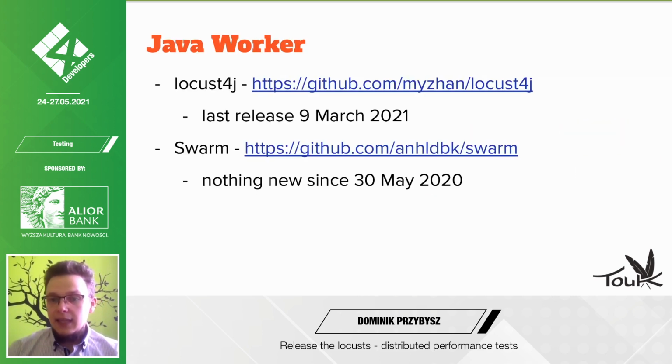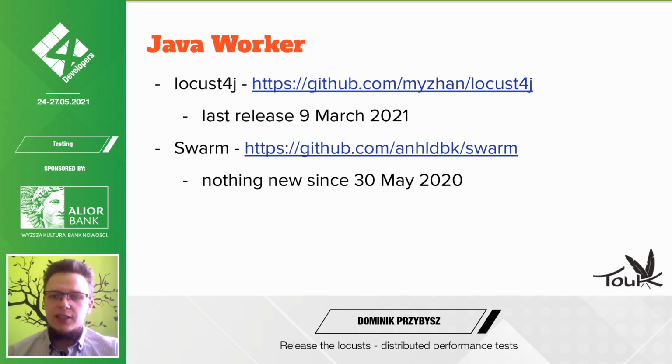And as I said, we used Java workers. Our workers were written in Java. For that, there are two libraries that I have found. One is Locust4j. It's pretty easy. The main focus of this library is how to interact with ZeroMQ. The last release was on 9th of March 2021, because then the way you communicate on ZeroMQ changed.